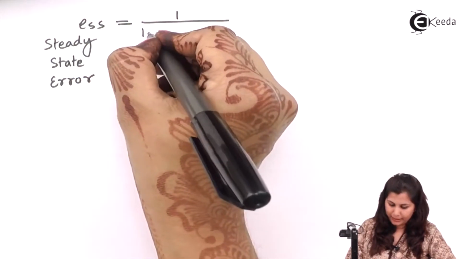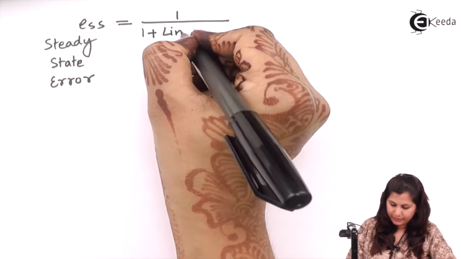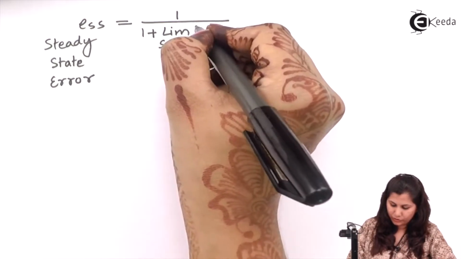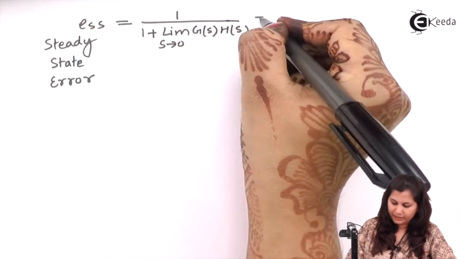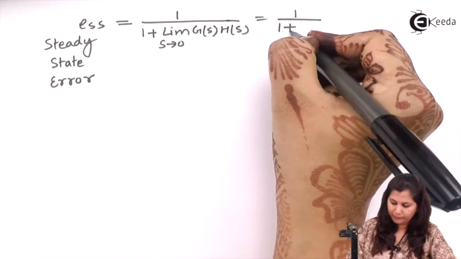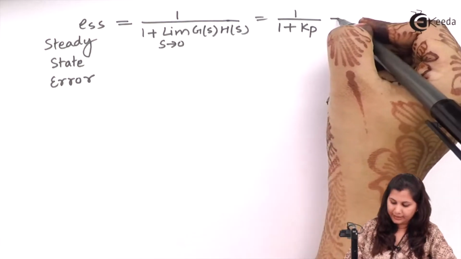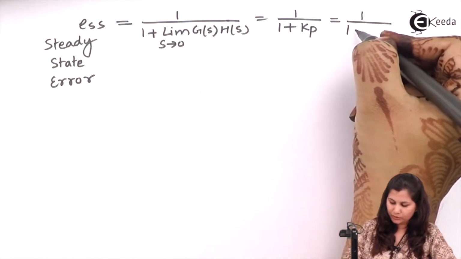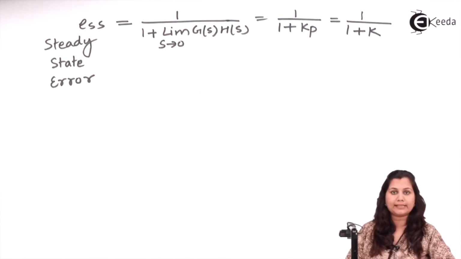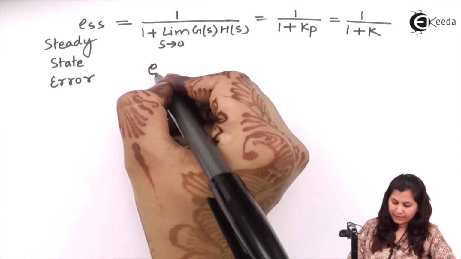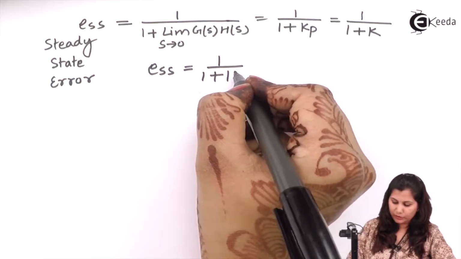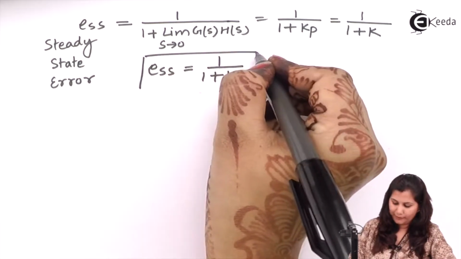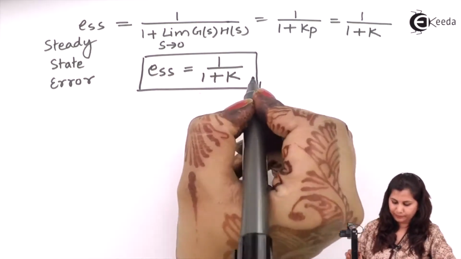So 1 plus limit s tends to 0 of G(s)H(s), or we can say that it is 1 upon 1 plus Kp, and here Kp is equal to K, so it will be 1 upon 1 plus K. So for step input and type 0 system, the steady state error is equal to 1 upon 1 plus K.